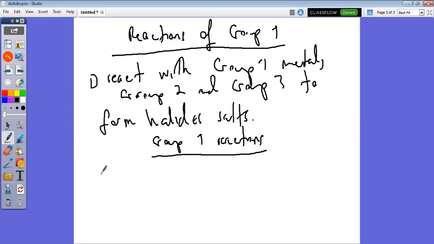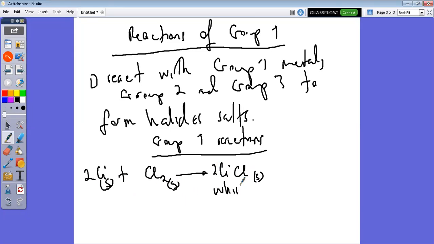So, lithium plus chlorine forms lithium chloride. This chlorine is a gas at room temperature and the lithium chloride is a solid. This equation is not balanced, you put 2 there and 2 there. This is a white solid. Now, the chemistry of it is the reaction is very slow at room temperature.